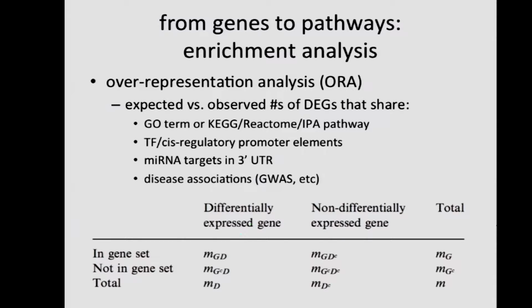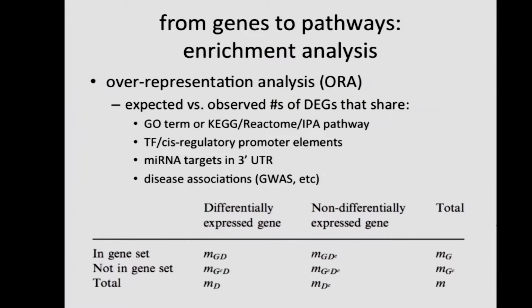So this may be the gene ontology term for kinases. Okay, so 800 some different kinases in human. Okay, so 800 of the kinases, and some of them are differentially expressed, some of them are not. And then a whole bunch of other genes, 24,000 minus 800 that were not in the gene set, and that were either differentially expressed or not differentially expressed.